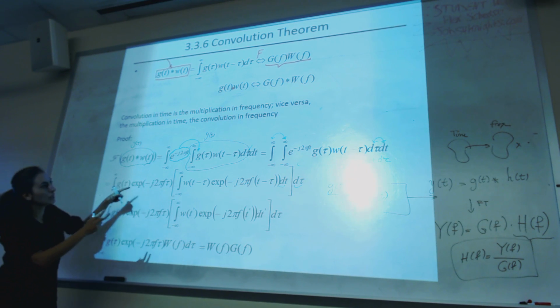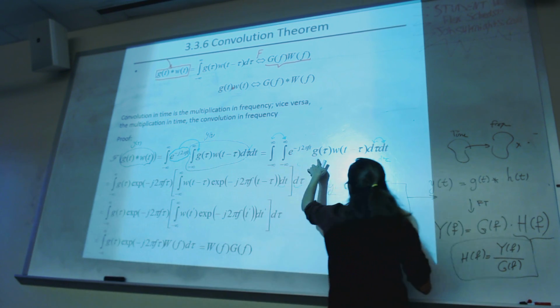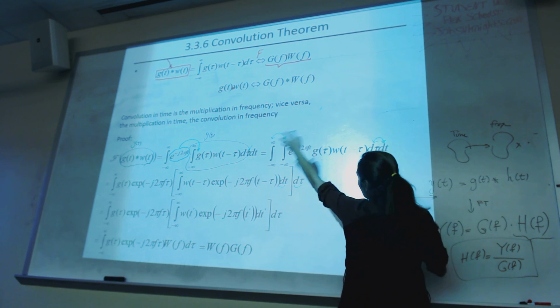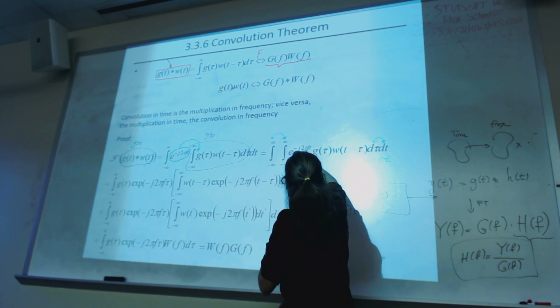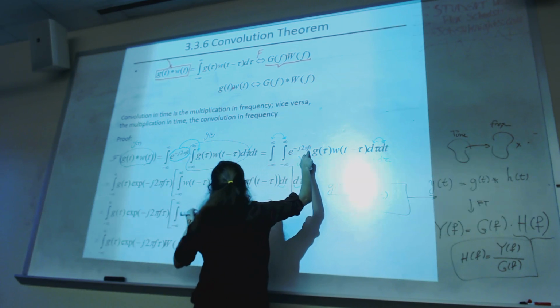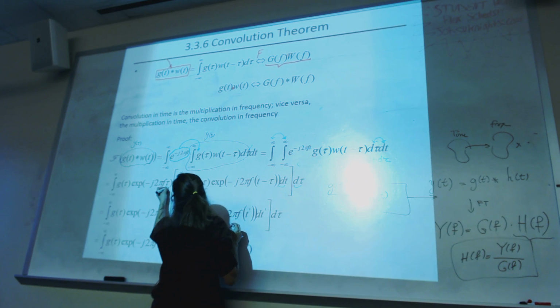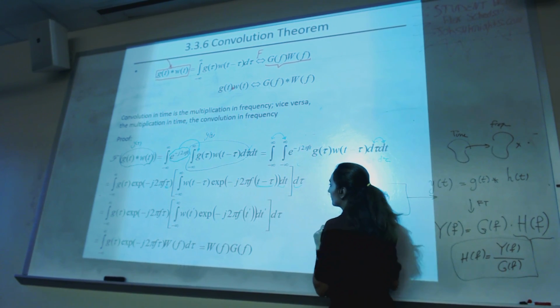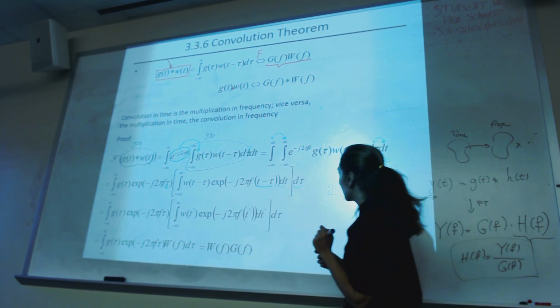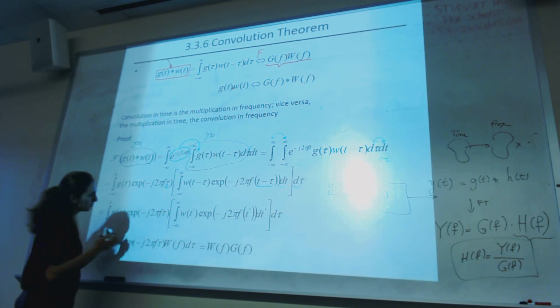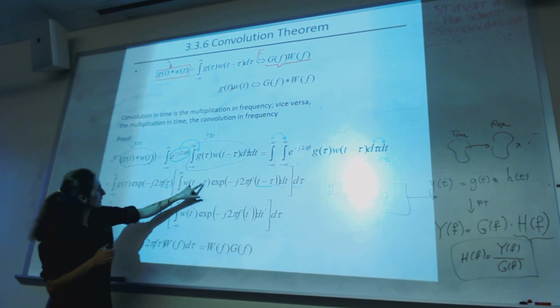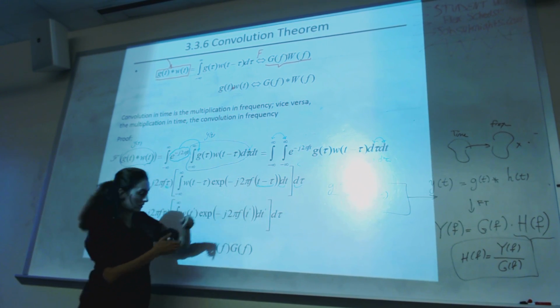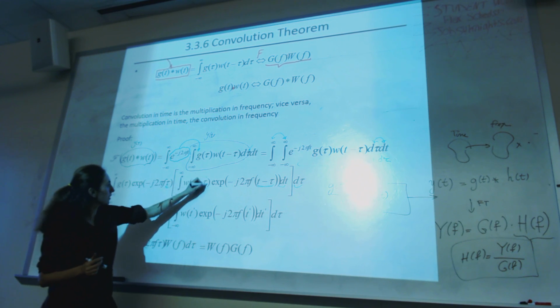See, all this tau thing, g of tau, now can come out. And then I take g of tau outside, and then this remains. Okay, good. So, just looking at this, you see, you have t minus tau, just a change of variable.